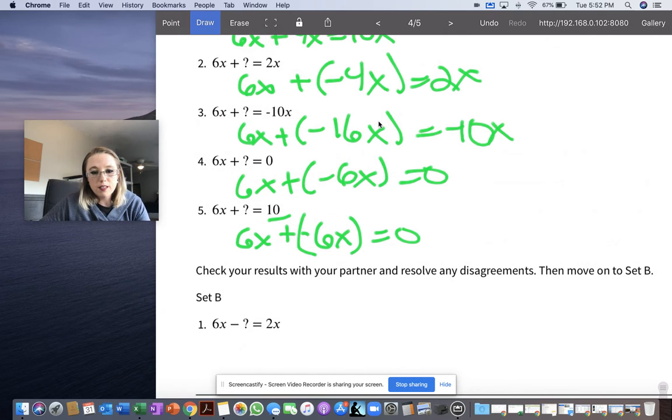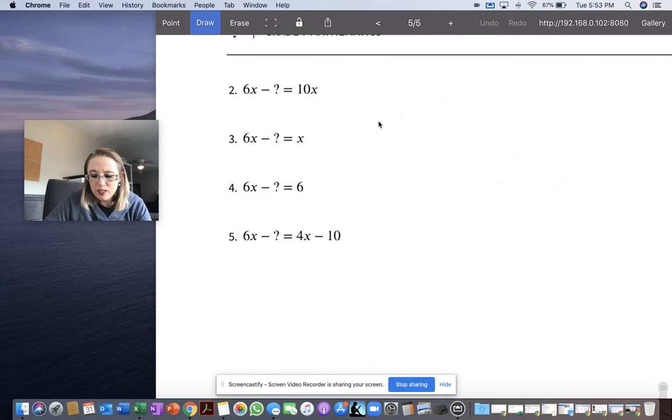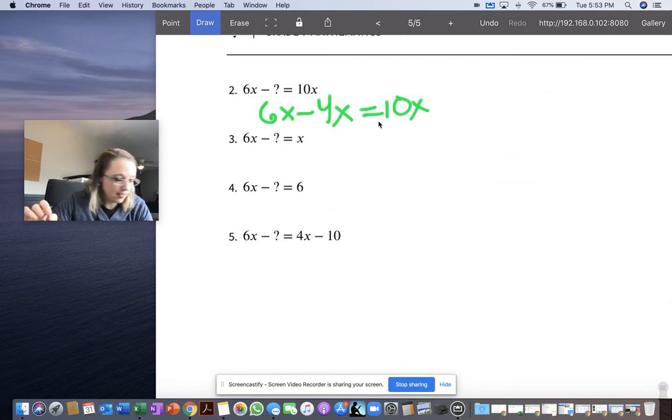Set B is going to look very similar, but now they want you to just leave the negative in there. Okay, so we're subtracting instead of adding. So 6x minus 4x equals 2x. Okay, pretty simple. So 6x minus what equals 10x? Okay, so 6x minus 4x equals 10x. If you're paying attention, I forgot to add another negative.